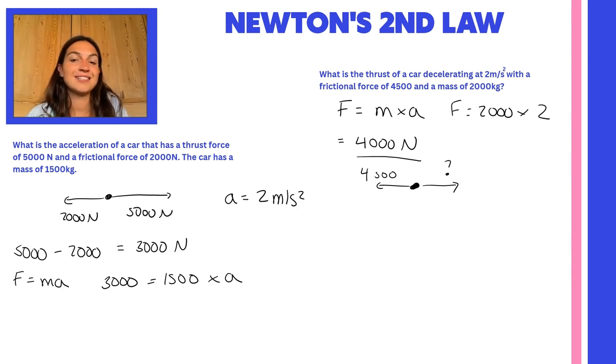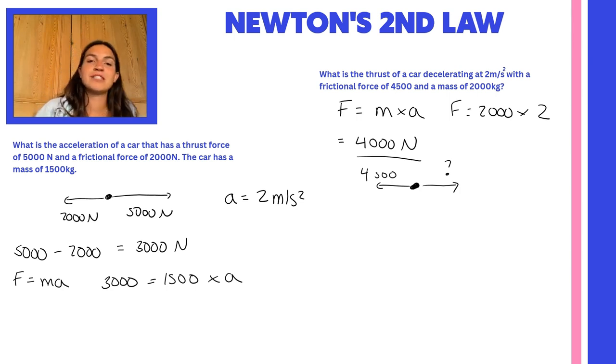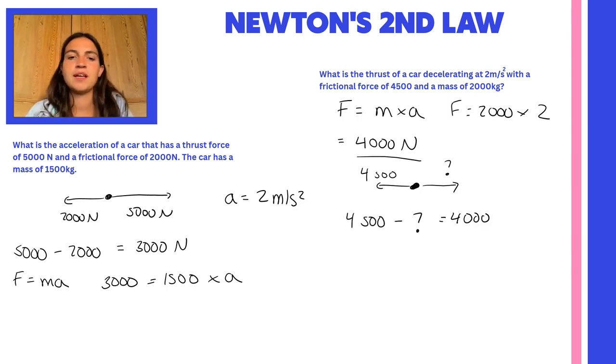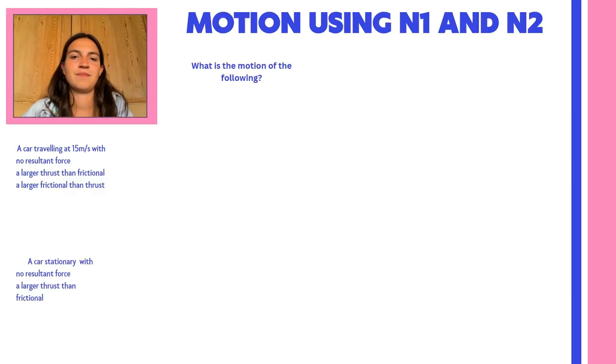And since this object is decelerating, I know that my resistive or frictional force must be larger than my thrust force. So I'm going to say 4,500 minus this thrust force is giving me 4,000 newtons. So rearranging that, my question mark is 500 newtons, and that is the size of my thrust force.